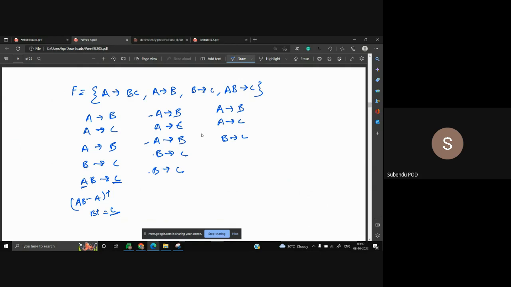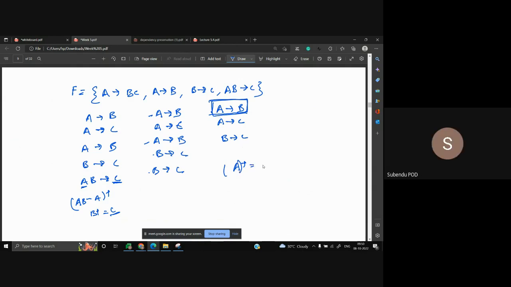So how to check whether a functional dependency is redundant or not? Let's check whether A determines B is redundant or not. You have to find the A closure without the help of this functional dependency. You have to exclude this functional dependency and find the A closure. Without the help of this functional dependency, what will we get for A closure?